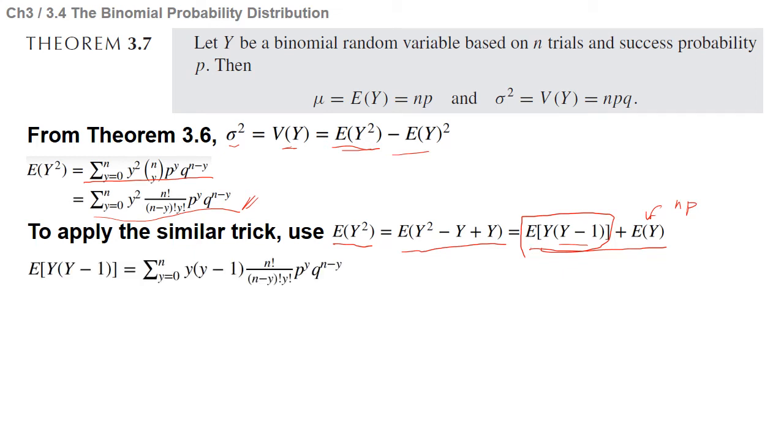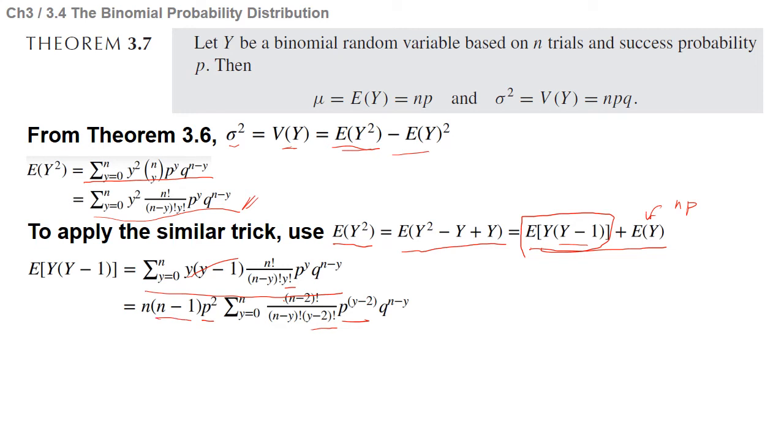To calculate this one, it becomes this, and here y times y minus 1 cancels from here, and y minus 2 factorial is left. So here y minus 2 factorial is left, and we get two p's to here, and we get n times n minus 1 to here.